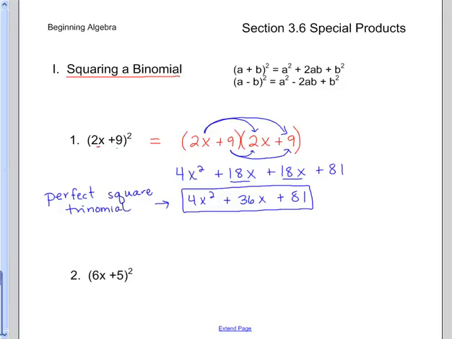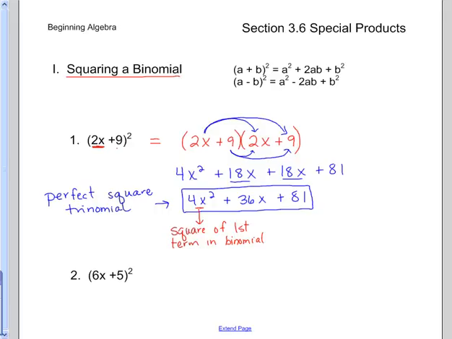This is called a perfect square trinomial. This means the first term here, the 4x squared, is the square of the first term in the binomial. Look at our original problem. If I square 2x, I'm going to get 4x squared.